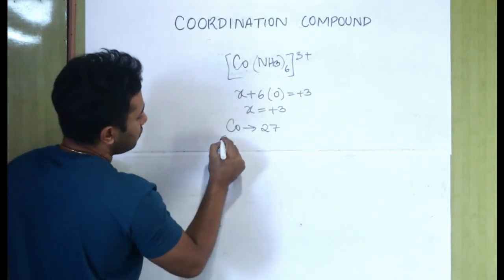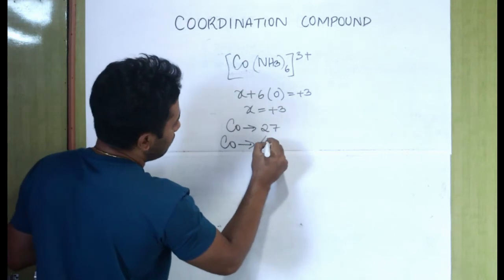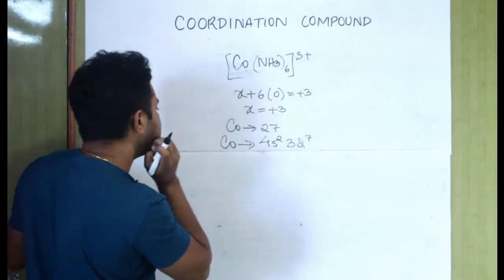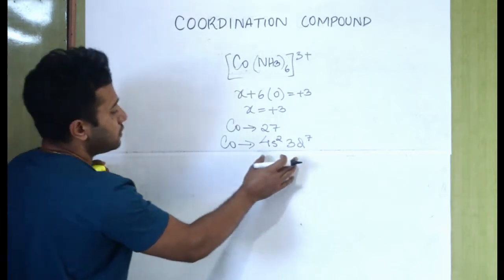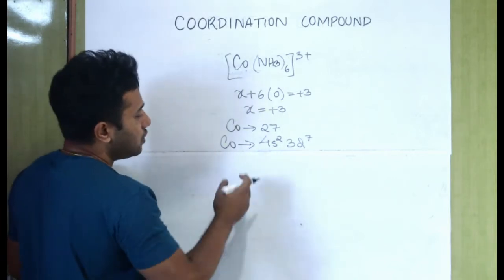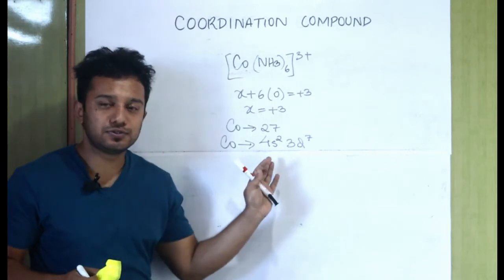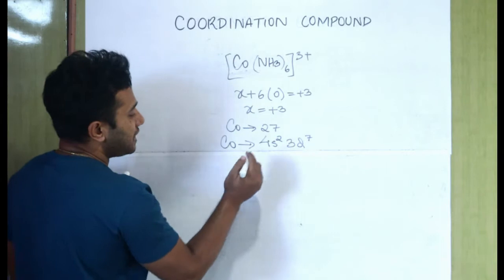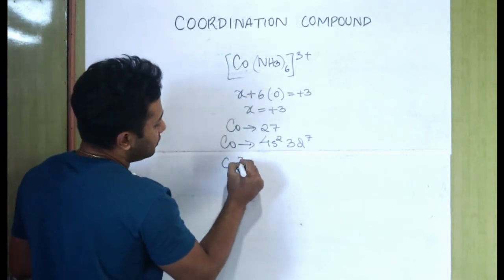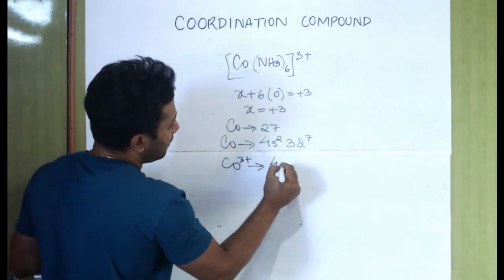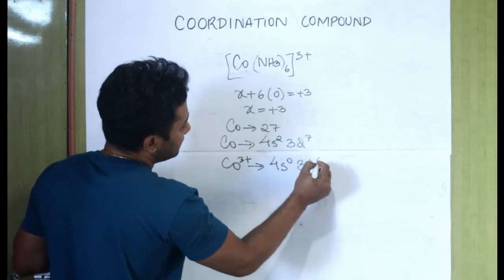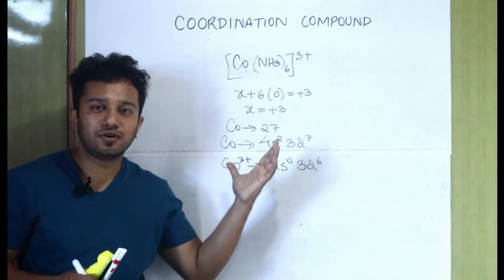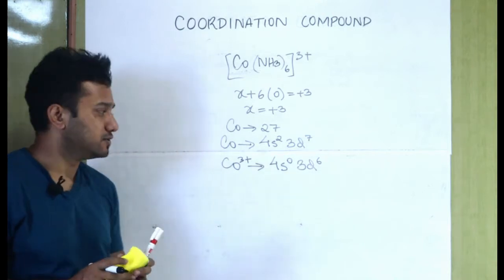If I write the electronic configuration, I'm just writing the last one only: 1s2, 2s2, 2p6, 3s2, 3p6, 4s2, 3d7. Since it is plus 3, I need to remove 3 electrons, then I will have 4s0, 3d6.